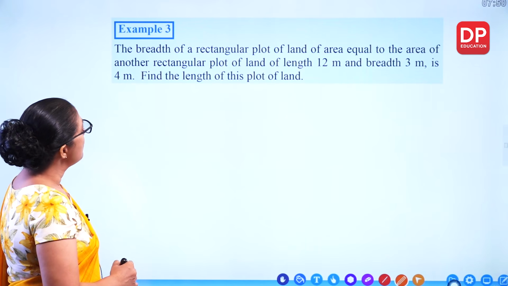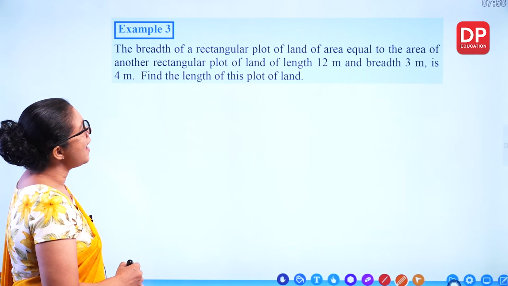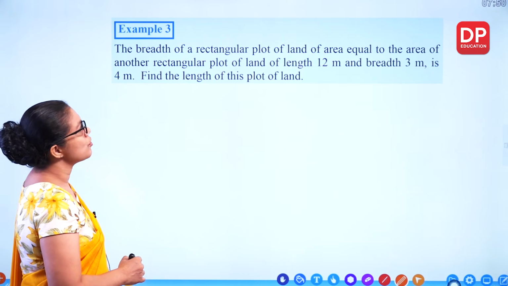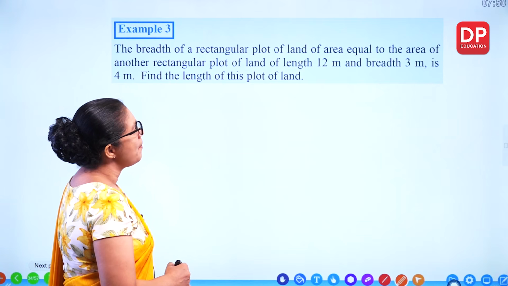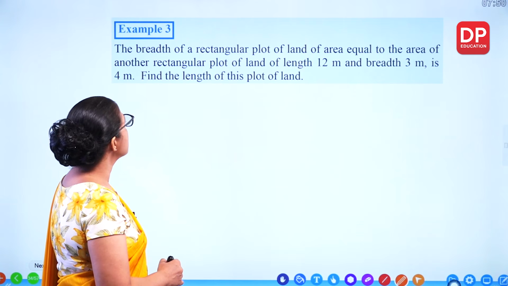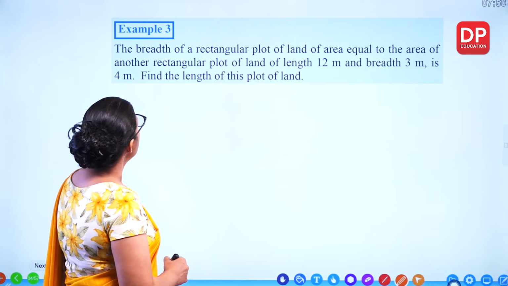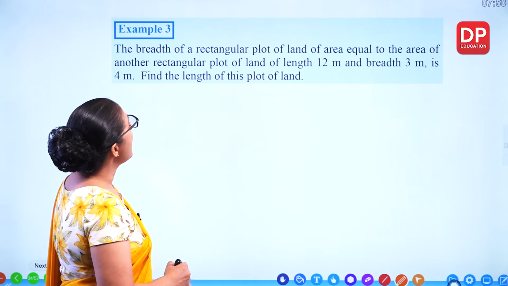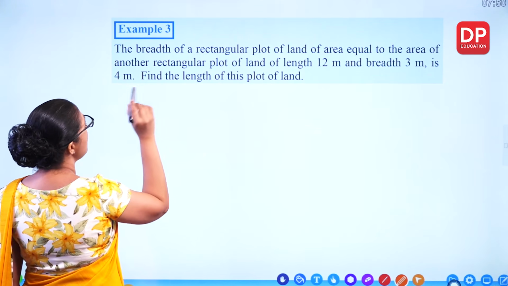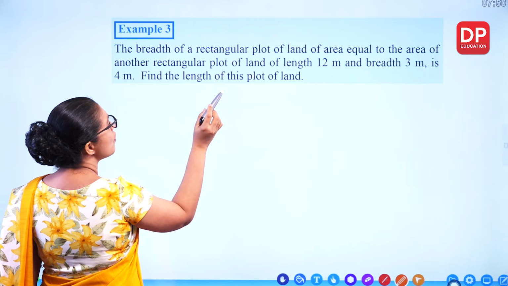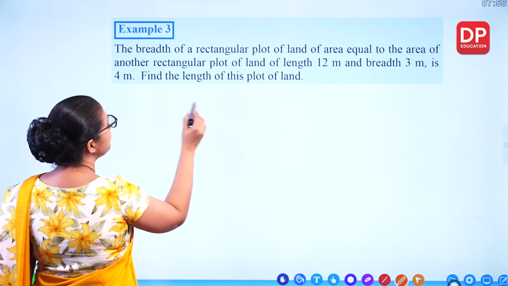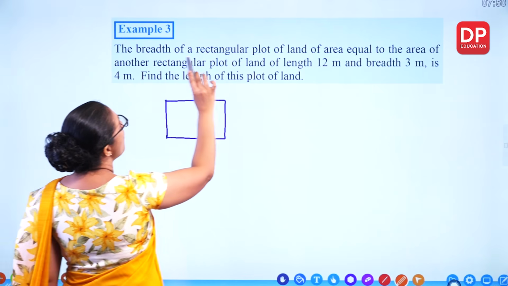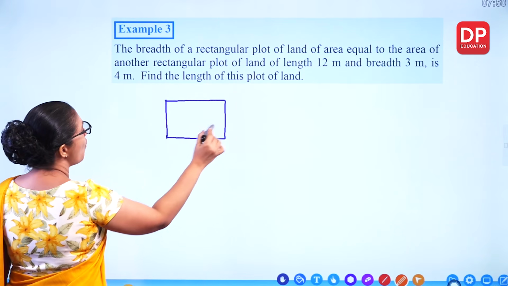Example 3. The breadth of a rectangular plot of land of area equal to the area of another rectangular plot of land of length 12 meters and breadth 3 meters is 4 meters. Find the length of this plot of land. So read it carefully. The breadth of a rectangular plot of land of area is equal to 4.